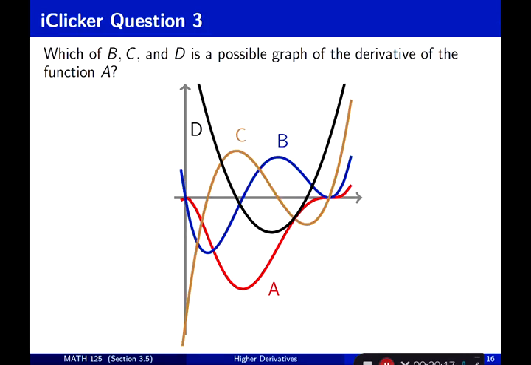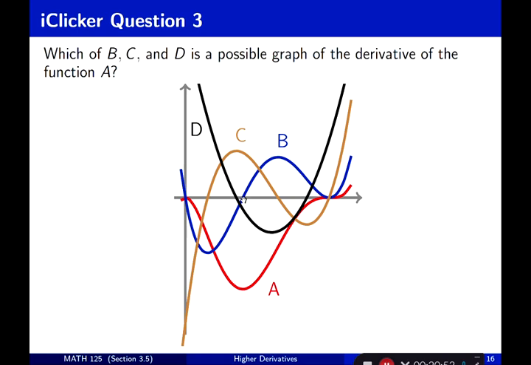So between B, C, and D, which one is the derivative of A? I would say that B was the best fit, because over here B is decreasing for a little bit, and you can see there's a little bit of concave down in there, and then it starts increasing, where the concavity is positive.